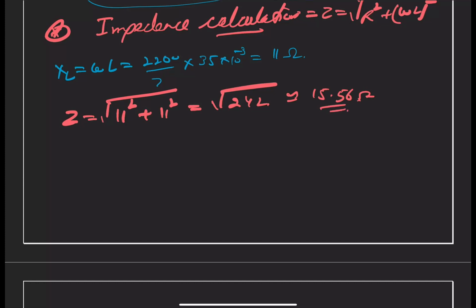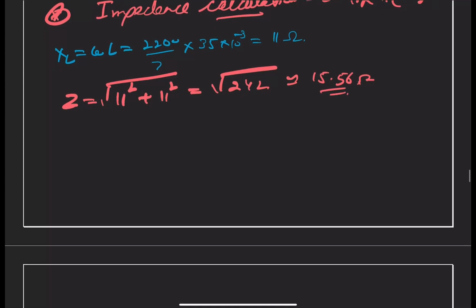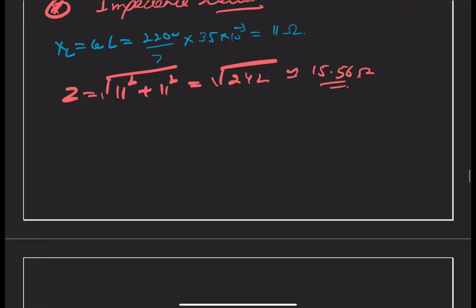Now we are going to find the peak current, and for that we are going to use the RMS voltage. From that we find the peak voltage, giving us the peak value of the current.